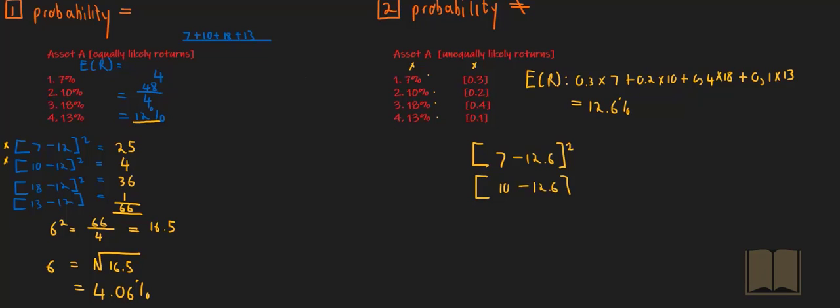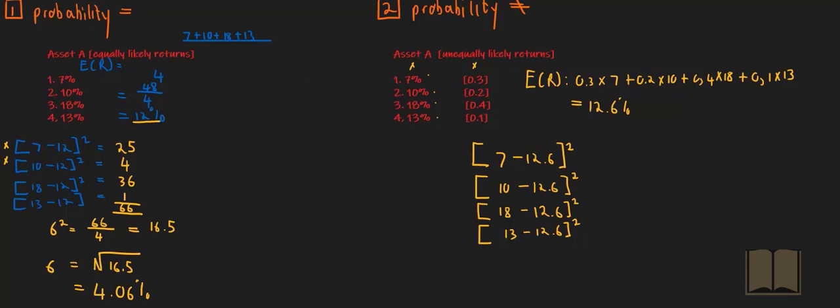So the second one would be 10% minus the 12.6 expected return squared. The third one would be your 18% possible return minus the 12.6 expected return, again squared. And then the last one would be 13% possible return minus the expected return of 12.6%, again squared.